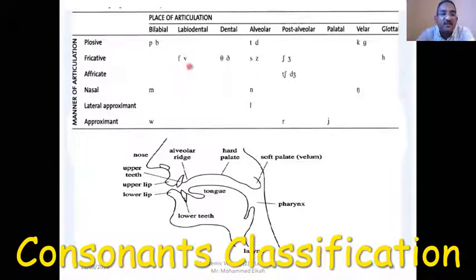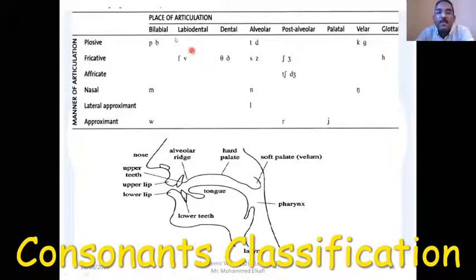When you say place of articulation, here it means bilabial. When you say bilabial, that means we use the two lips, the upper lip and the lower lip, to participate in making the sound. Labiodental means the lower lip touches the upper teeth, as in fa and va. So you can see this one.